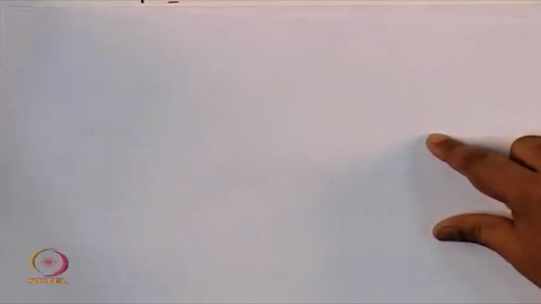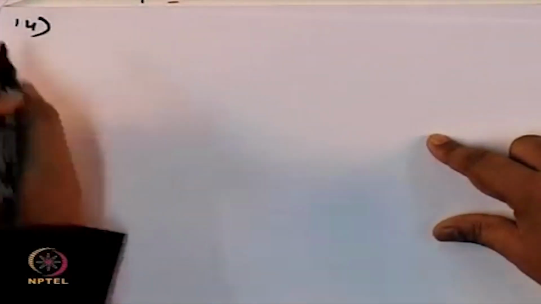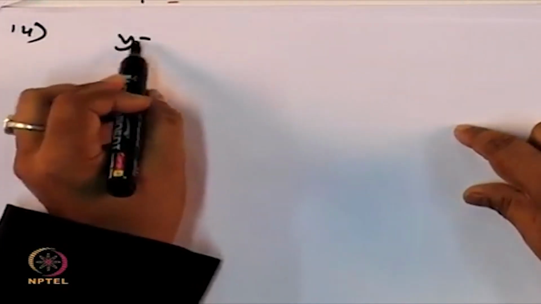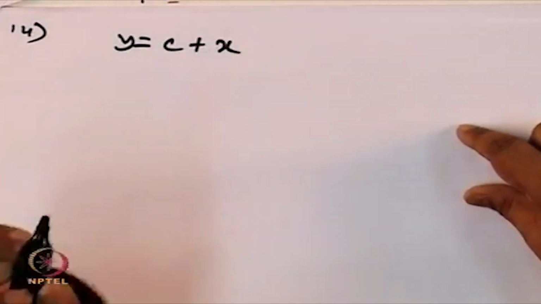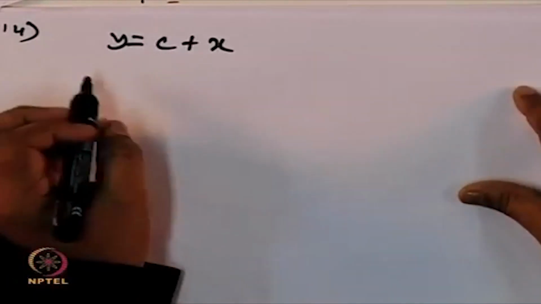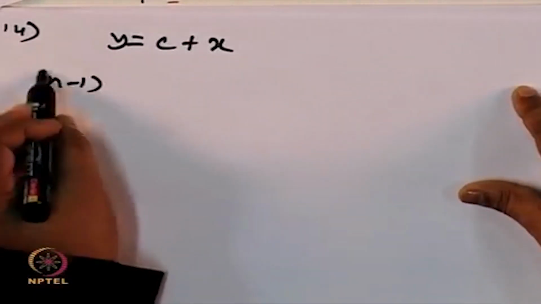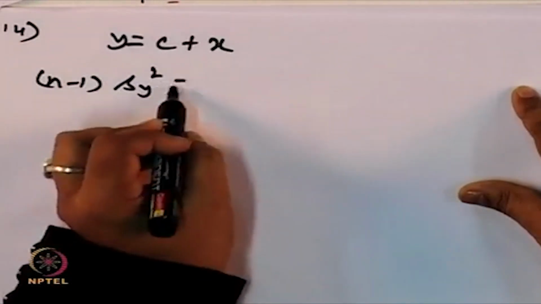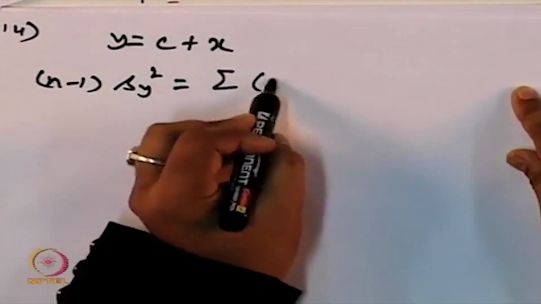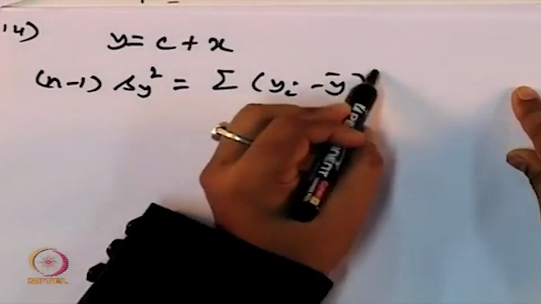For the next case, if my y is defined by c plus x, then similarly n minus 1 into sy square is equal to summation yi minus y bar whole square.